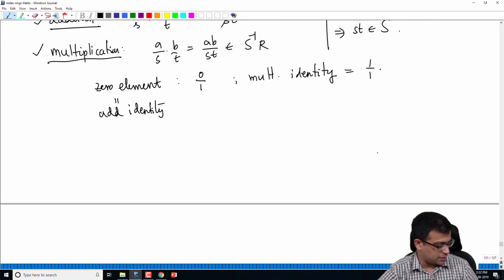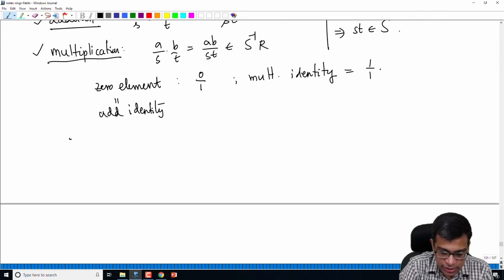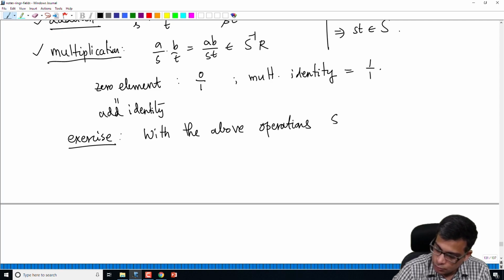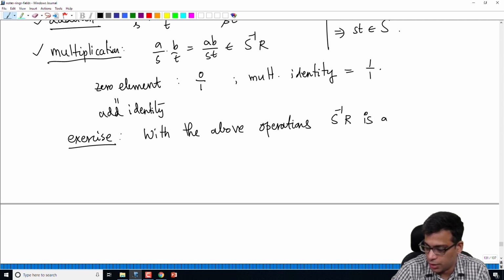The rest I will leave as an exercise; this part I will not do. With the above operations, S inverse R is a ring.